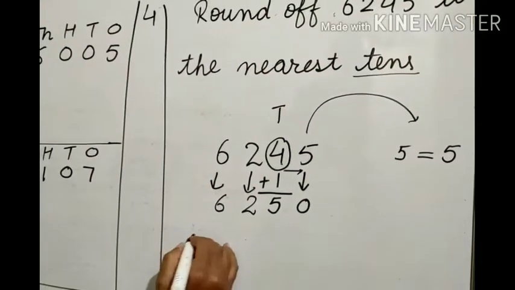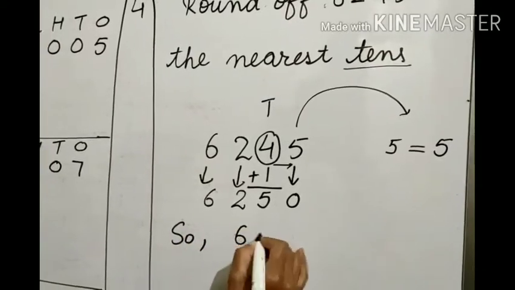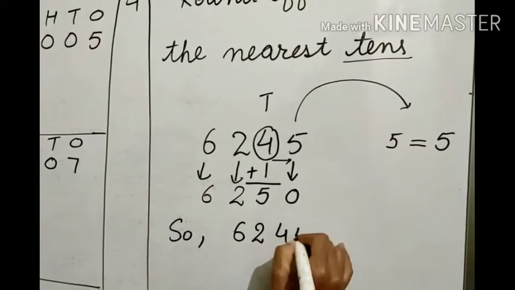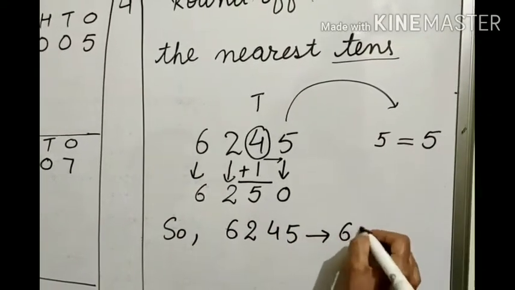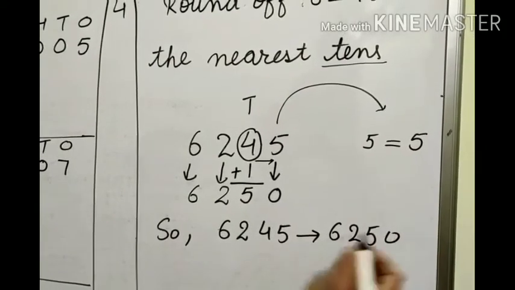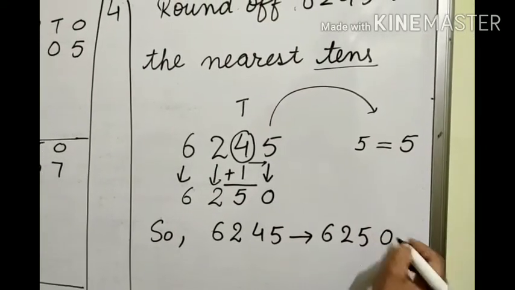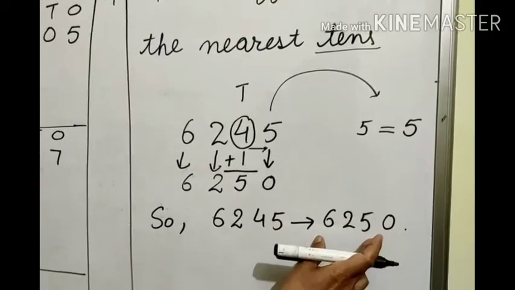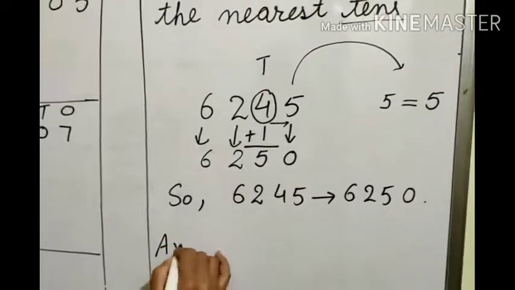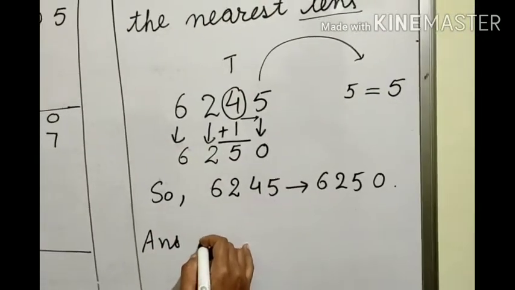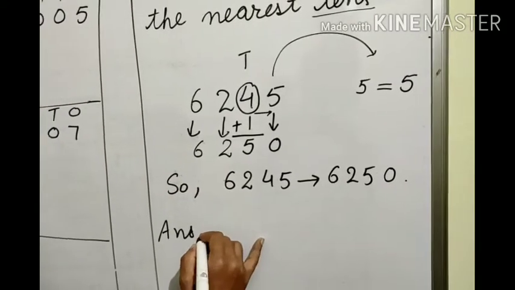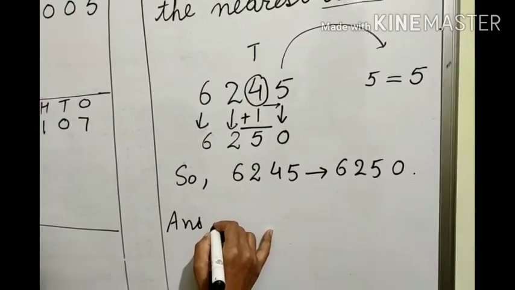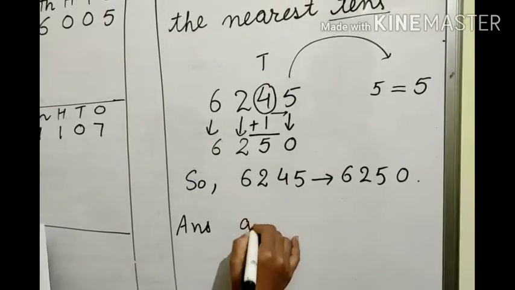So 6245 will be rounded to 6250. Now we will see which option matches our answer and tick that option. The answer is option A.